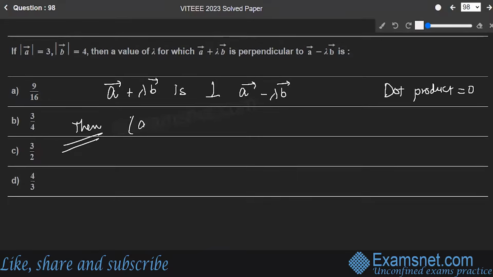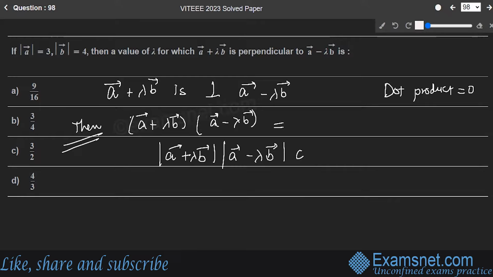So let's find the dot product. A plus lambda b, dot A minus lambda b vector. This is, of course, given by the magnitude of A plus lambda b, A minus lambda b into cos of the angle between them, that is cos of 90 degree. So this is equal to 0, right?